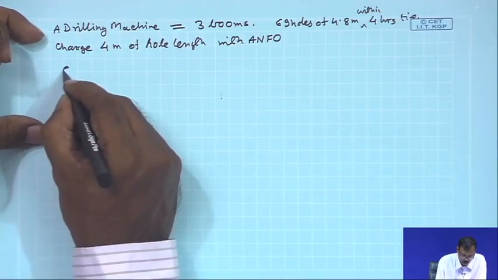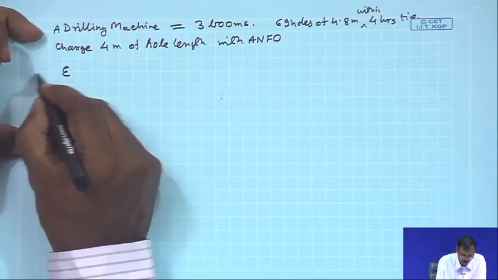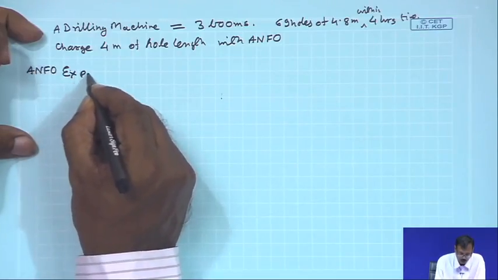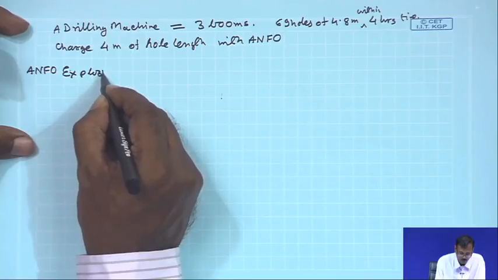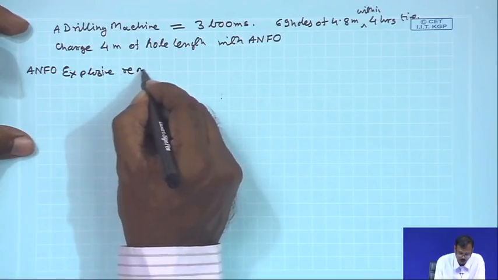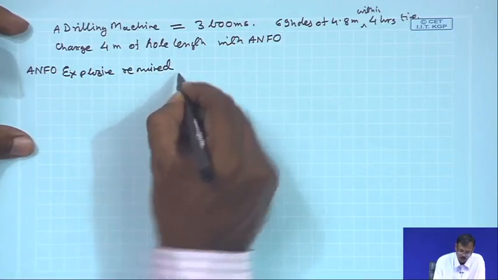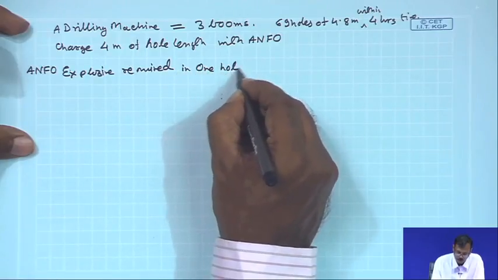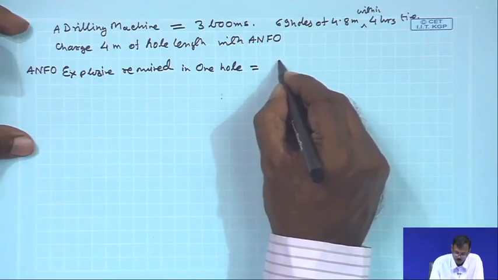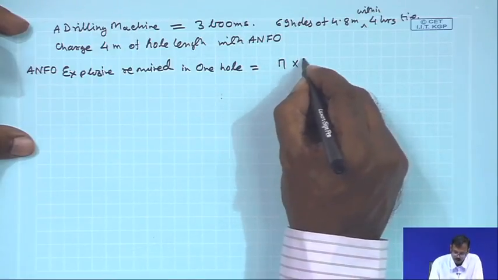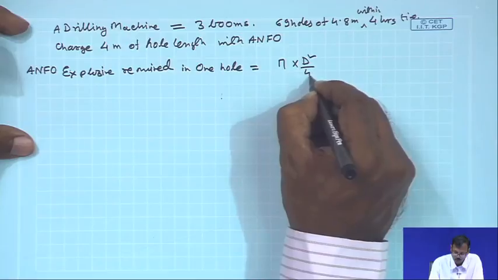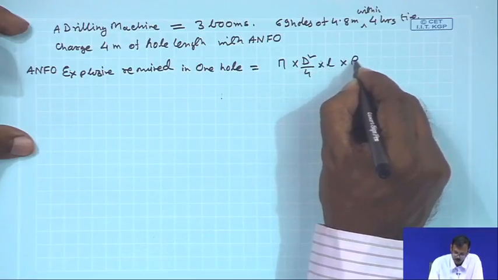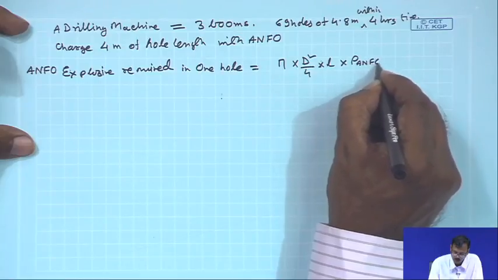So, the ANFO explosive required in one hole is equal to pi d square by 4 into L into rho ANFO.